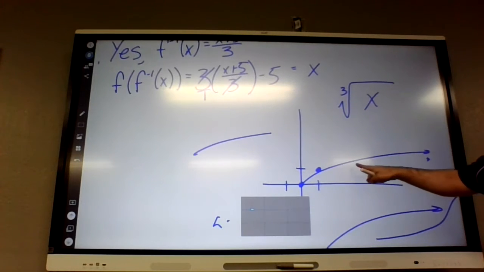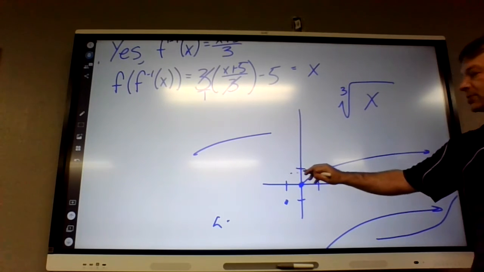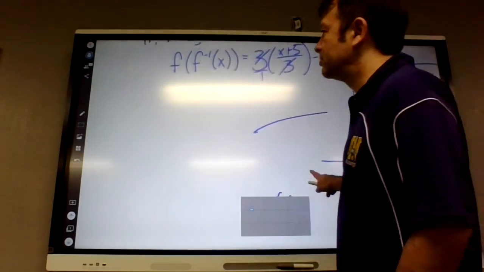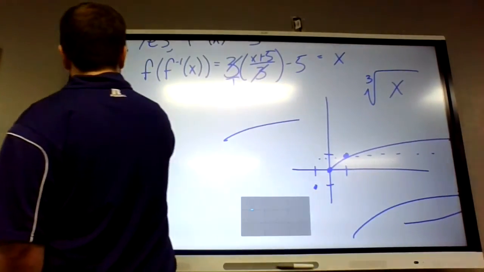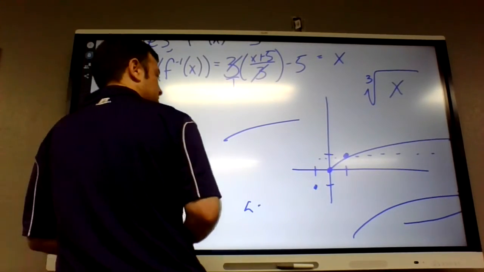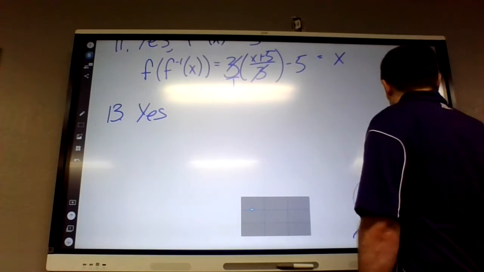Alright, does this have an inverse function? Does it pass the horizontal line test? Yes. So the first answer on 13 is yes. How do we find the inverse function?